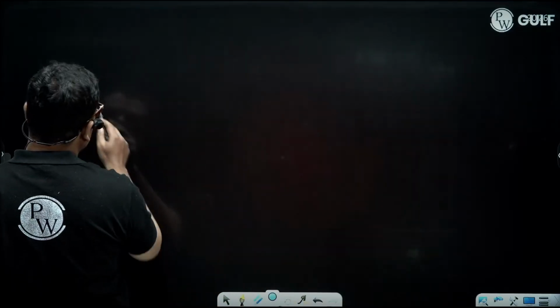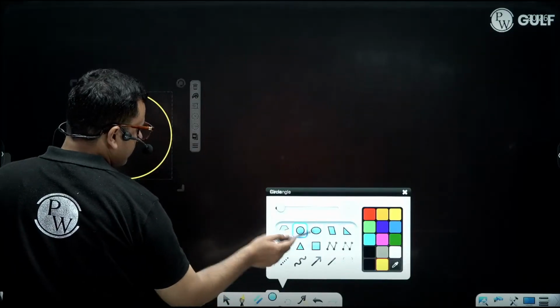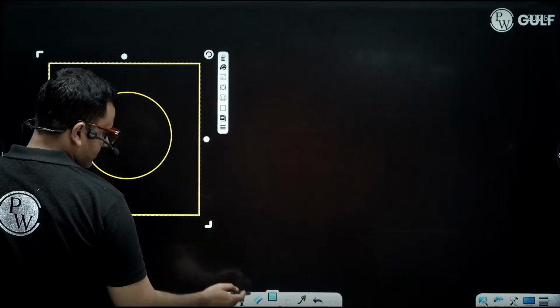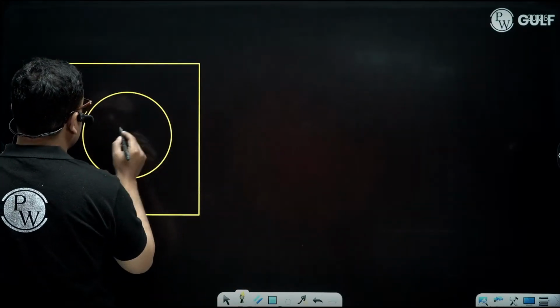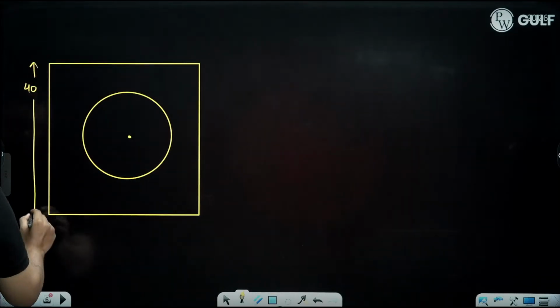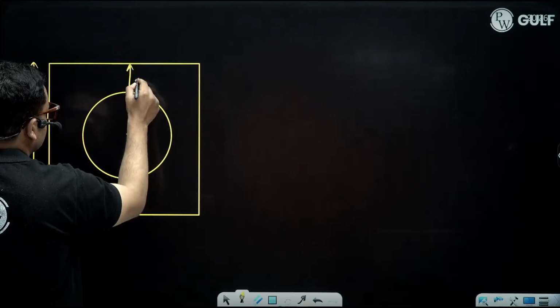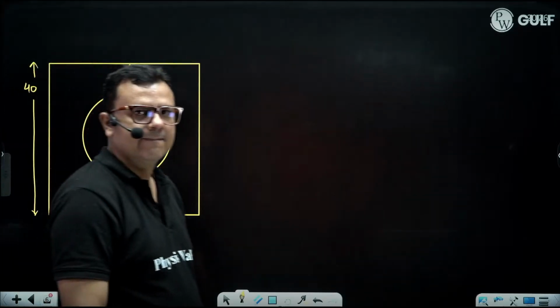Whenever any kind of question we have done, I hope you remember all of those numericals. This is your center. Total distance is what? 40. And the center distance will be what? 20.